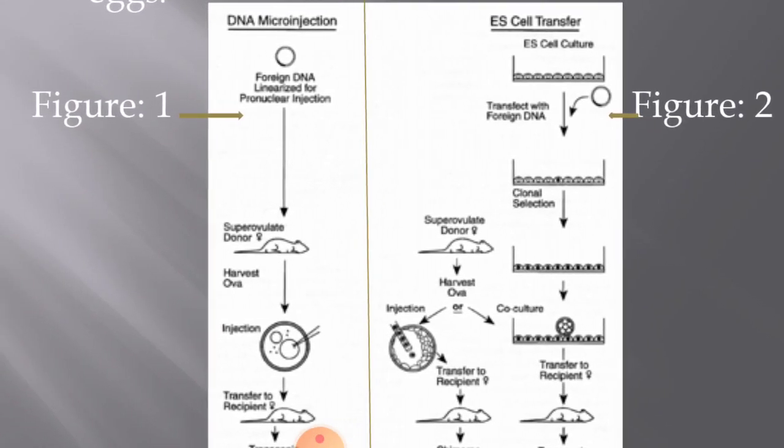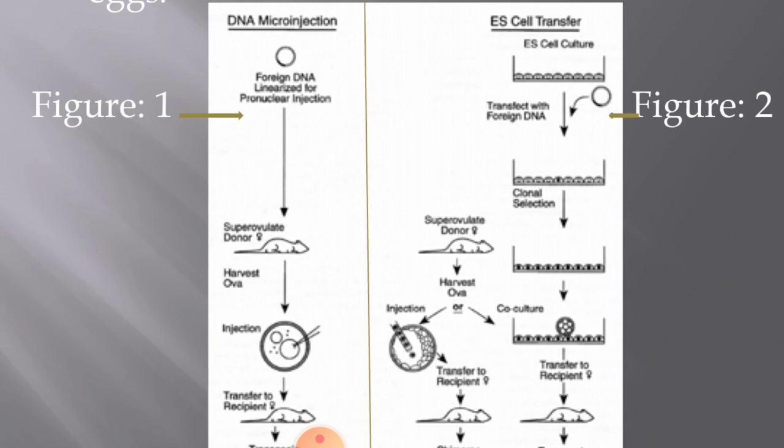Concentrate on Figure 2, ES cell transfer. Here you can see the embryonic stem cell culture. You can insert the gene of your choice into this. Then you can subject them to clonal selection.